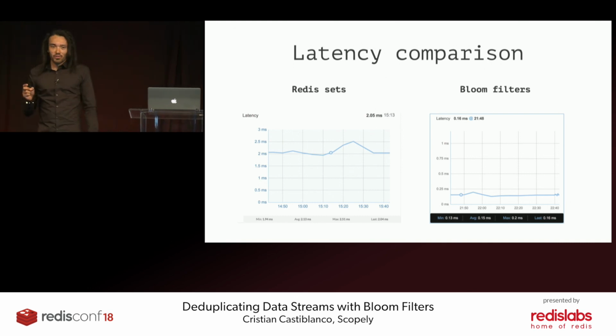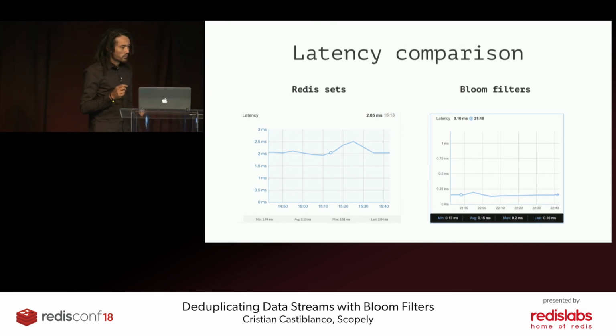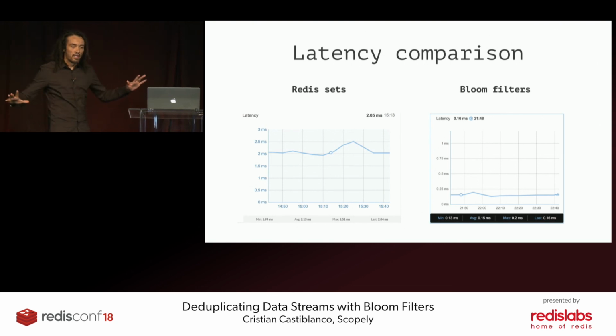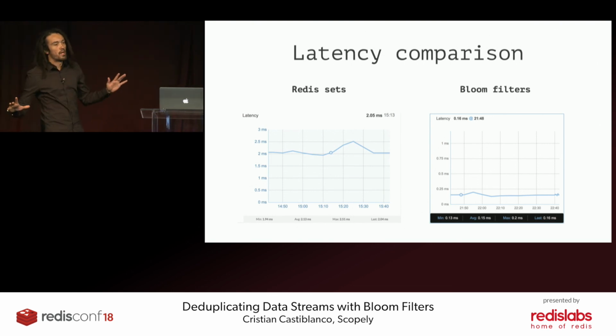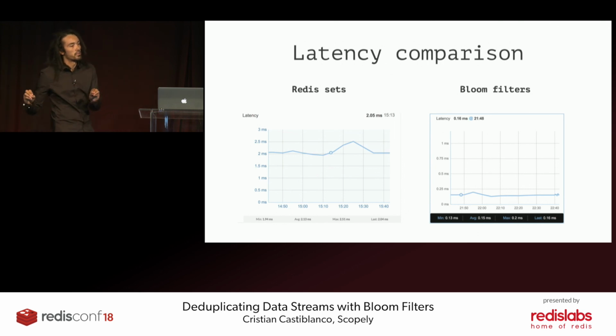So the question is, how do they work? How is it possible that they are so damn fast? The idea with Bloom filters is that when you are adding things to this filter, it's basically a bit set. So imagine a big chunk of bytes. When you are adding things to this filter, you hash the item, and this hash represents some bits in the filter.